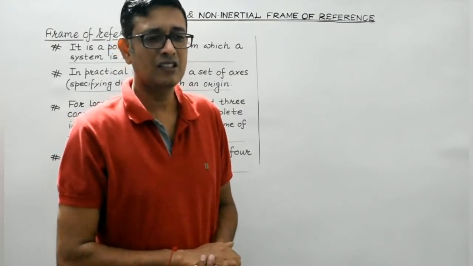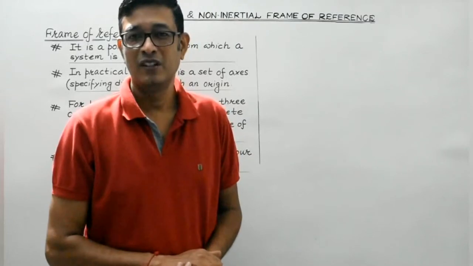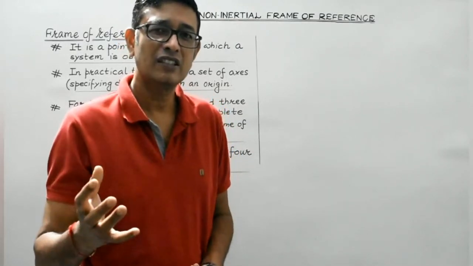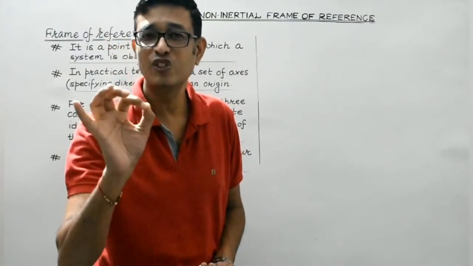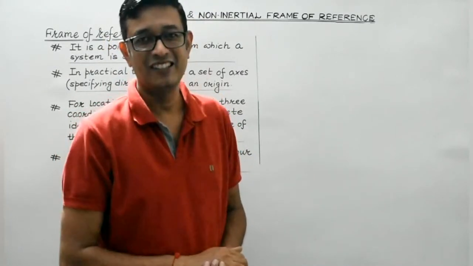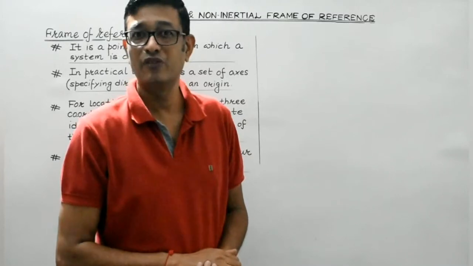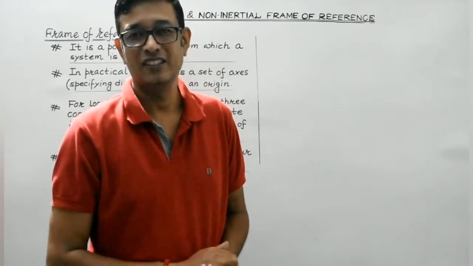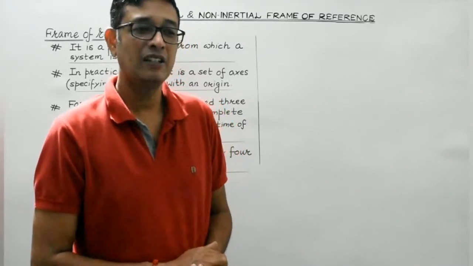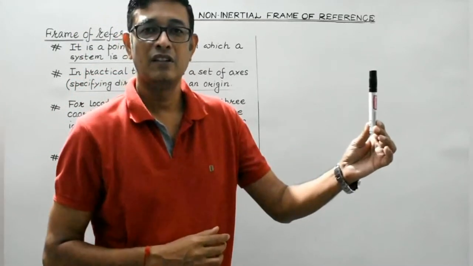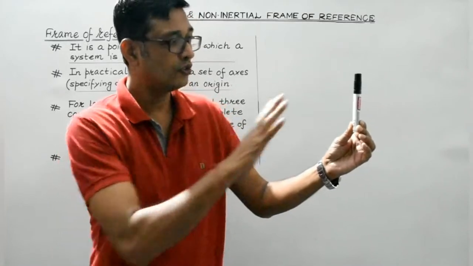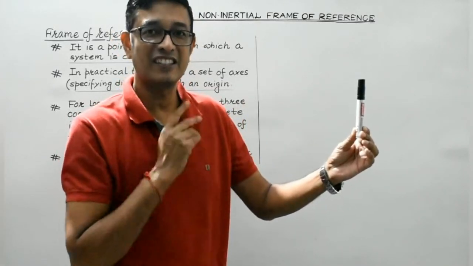And I must remind you, frame of reference is always spoken in relative terms. Nothing in this universe is at absolute rest. Everything is moving with respect to other body, isn't it? I mean, if you consider this pen, from my point of view, this pen is at rest.